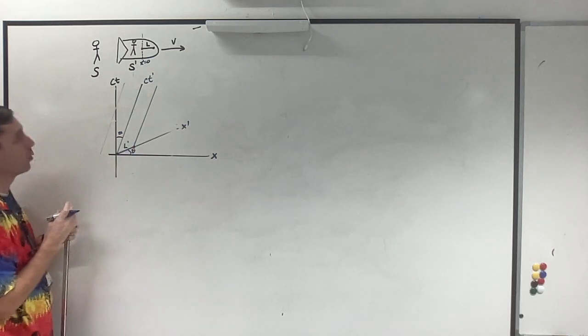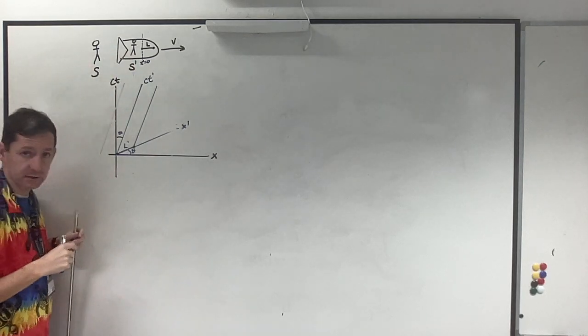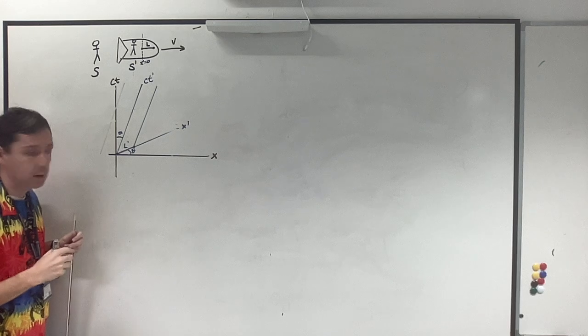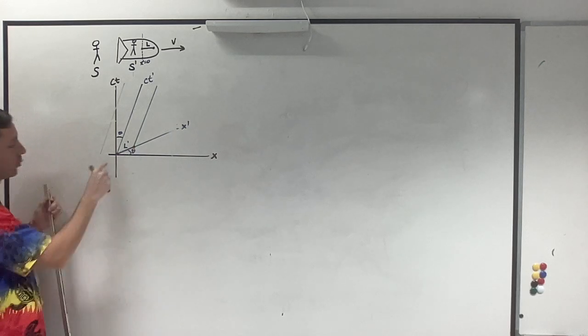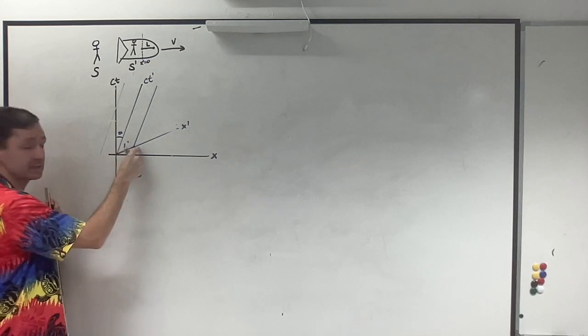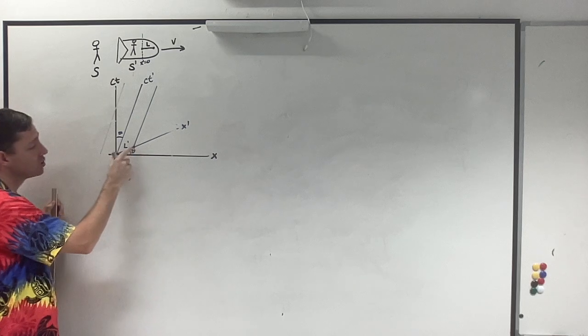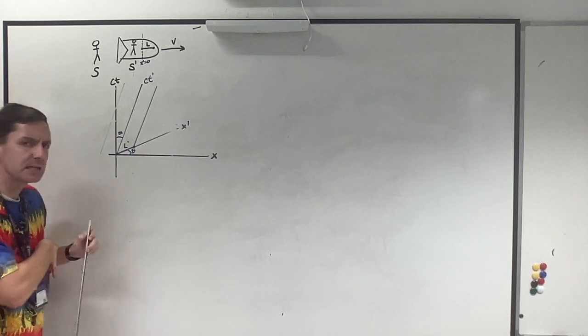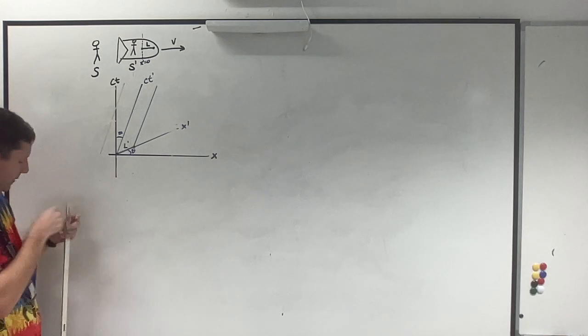Now, what would the person outside of the spaceship see? Well, they would see these two locations, these two events. This is one event, this is the other event, one side of the rod and the other side of the rod. They would see those two things, but slightly differently.